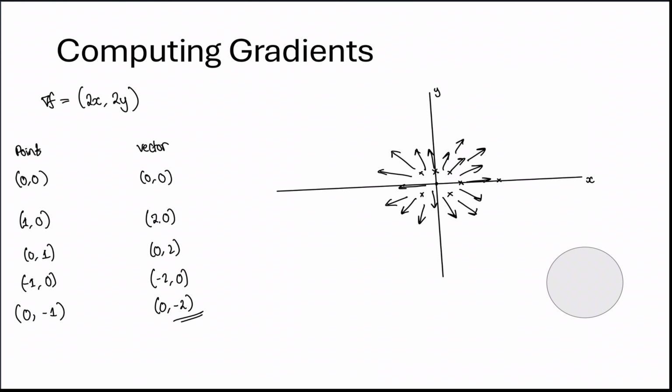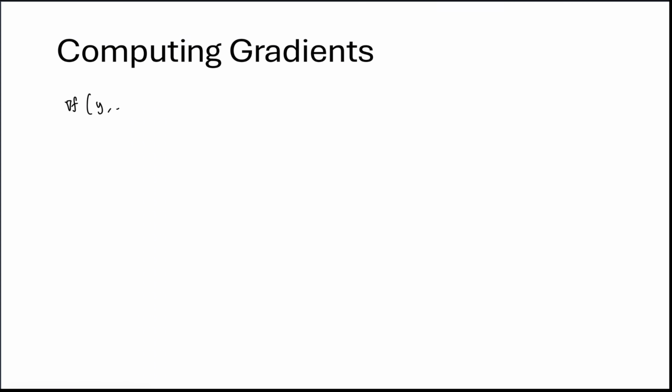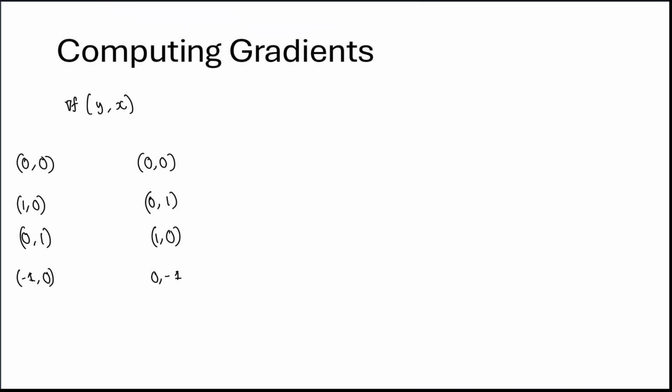If we had the gradient y comma x, so if we had the point 0, 0, it would churn out 0, 0. If we had 1, 0, it would churn out 0, 1. If it had 0, 1, it would churn out 1, 0. If we had minus 1, 0, it would churn out 0, minus 1.